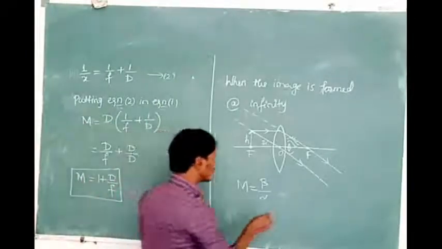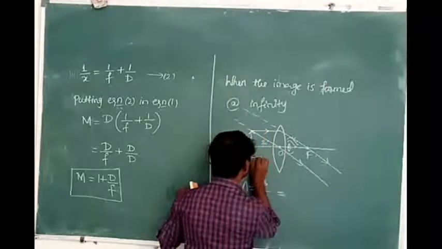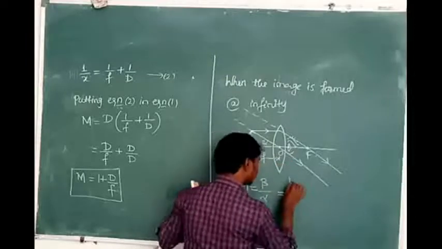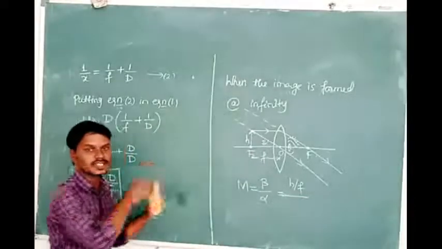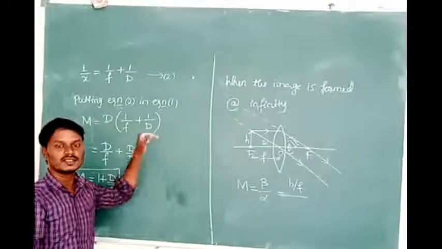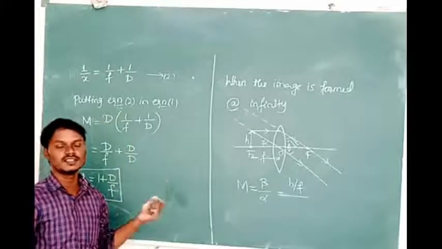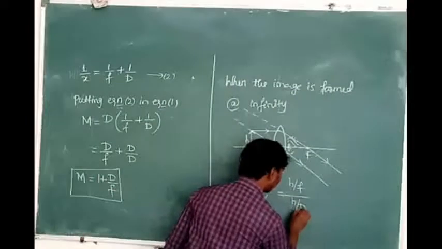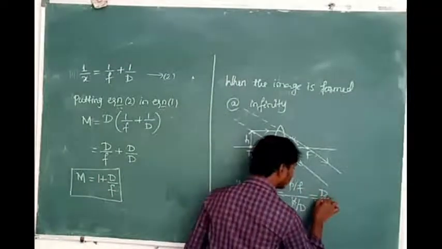Beta is h by f, because focal length can be taken as f. And what about alpha in the previous case, when the image is formed at near point? Without lens, the object is at the least distance of distinct vision. That is h by d. Then h gets cancelled, that is d by f.